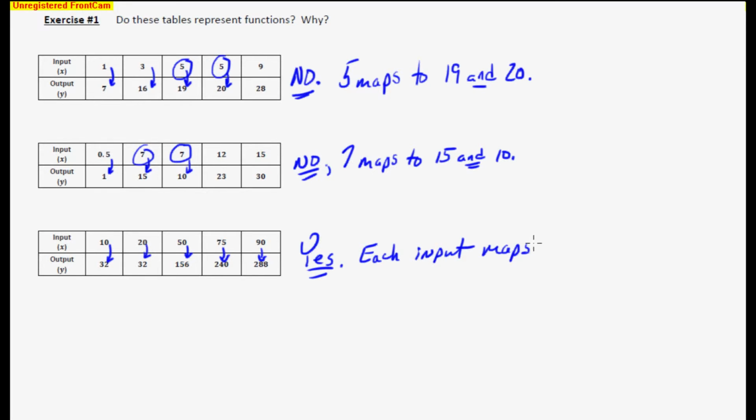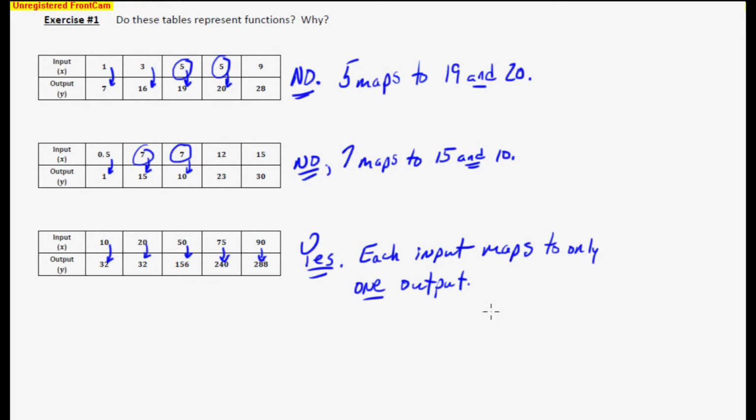I'm just using the word maps. I should say each input maps to only one output. Okay, let me say it that way.